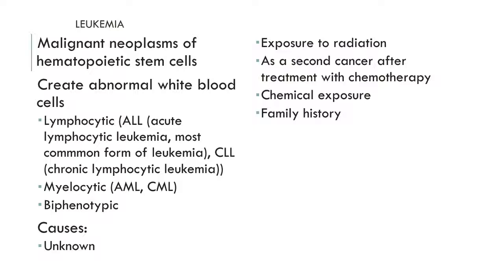However, there is a correlation of having leukemia after exposure to radiation or as a second cancer after treatment with chemotherapy, certain chemical exposures, and there actually are some genetic leukemias. So we often can see some family history of leukemia.